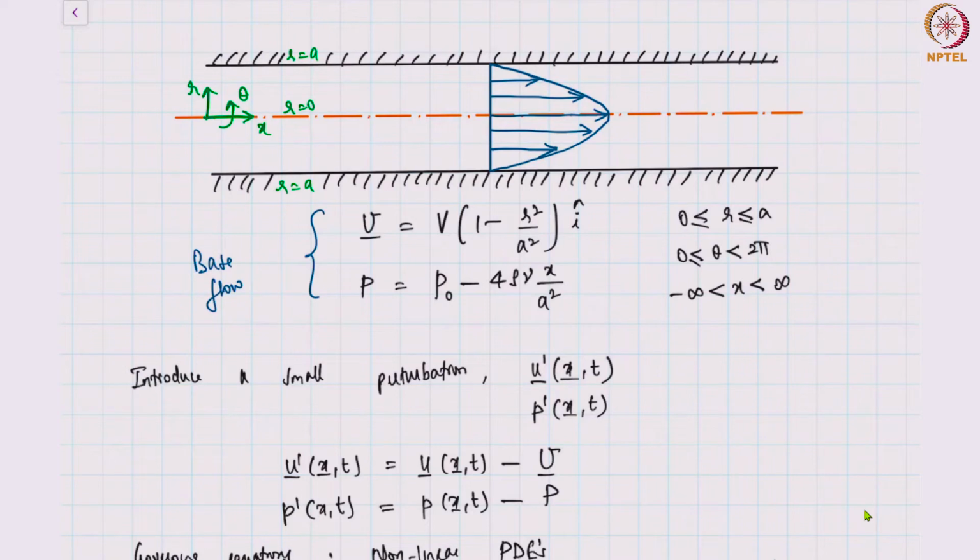Theta is periodic, therefore I can assume it to be in terms of sin theta, cos theta, sin 2 theta, cos 2 theta, and so on, or in general sin n theta and cos n theta. I can generalize this and say it's e power i n theta. Time starts from t equal to 0 and is increasing, so I do a Laplace transform.